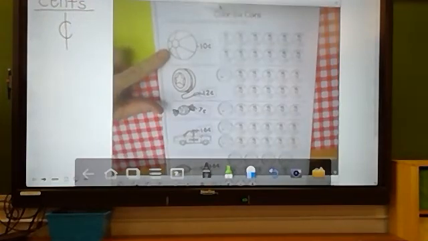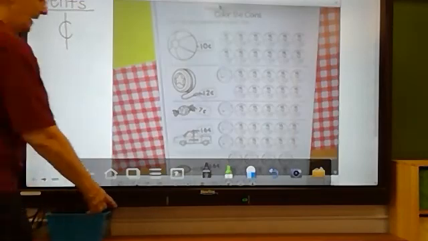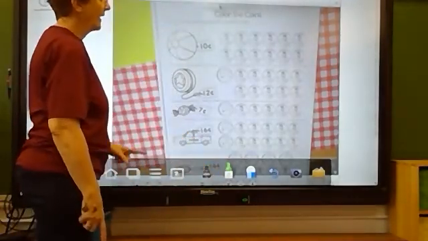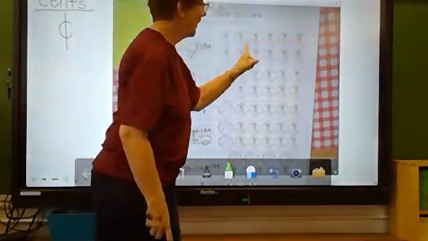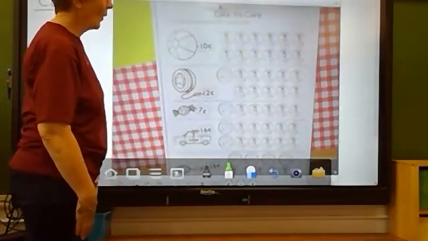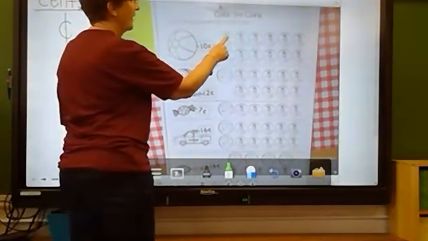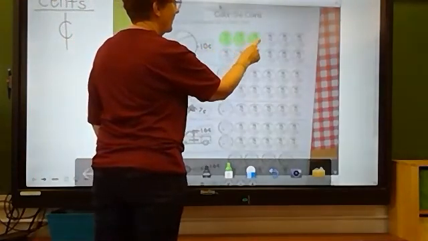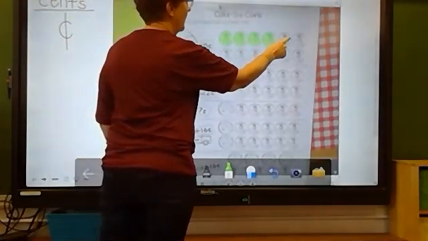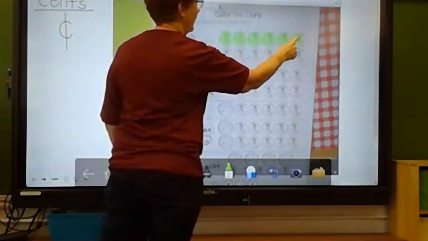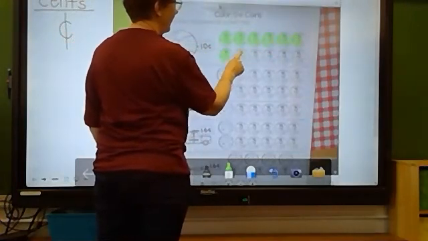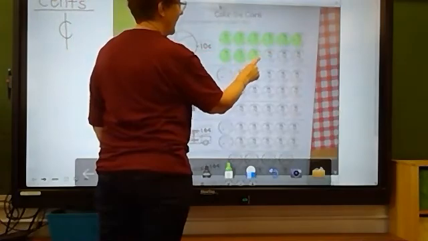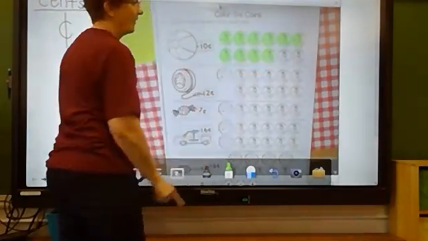So I am going to color the coins that I need to buy that beach ball. If it is 10 cents and my coins are all pennies and worth 1 cent, then there's 1 cent, 2 cents, 3 cents, 4 cents, 5 cents, 6 cents, 7 cents, 8 cents, 9 cents, 10 cents.